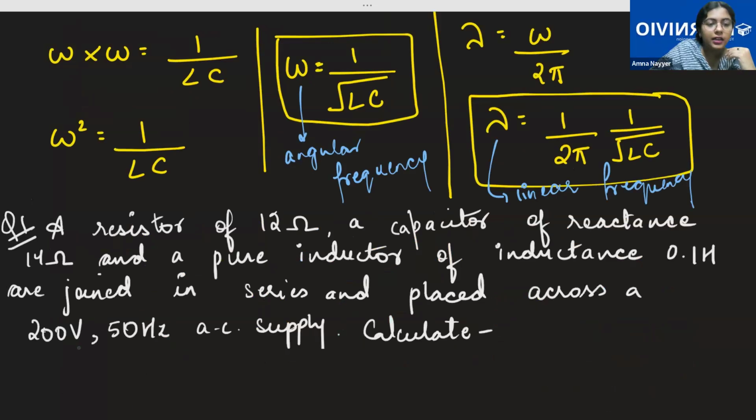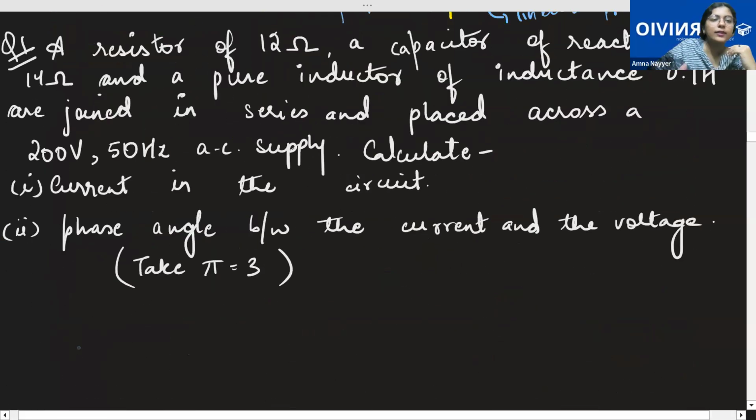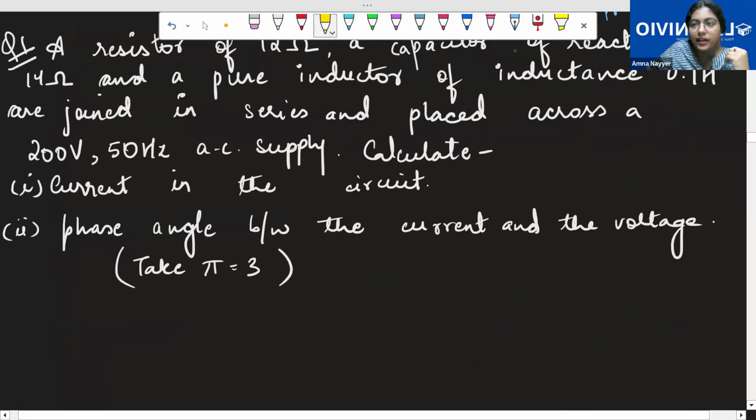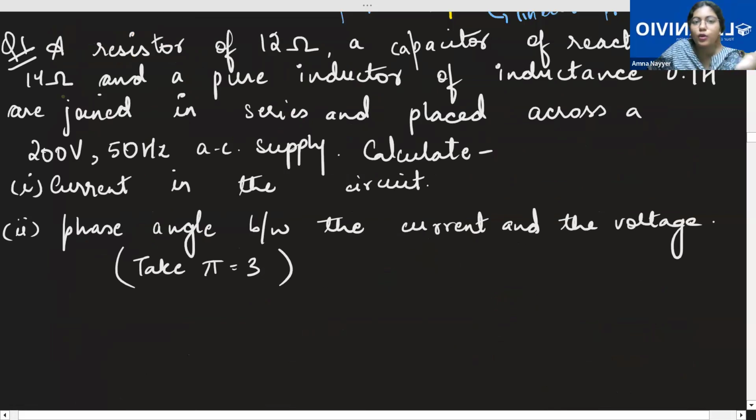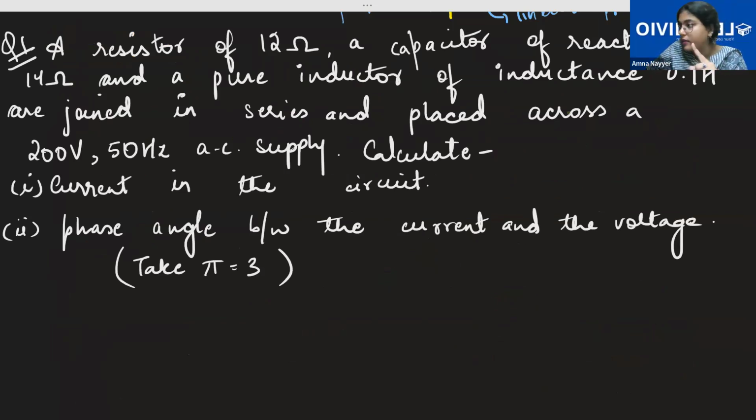Okay. See, let's see this question. There is a resistor of 12 ohm, a capacitor of reactance 14 ohm, and a pure inductor of inductance 0.1. See, inductive reactance is not given to you, only the value of inductance is given. Resistance is given as 12 ohm.